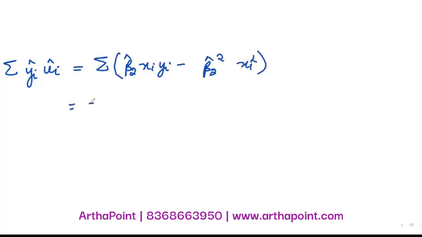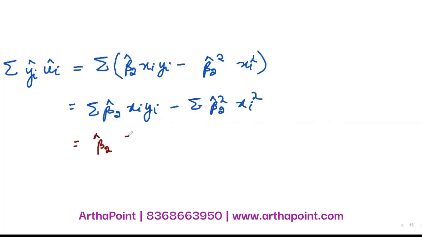Let's open this up. Summation beta 2 hat xi yi minus summation beta 2 hat whole square xi square. Beta 2 hat is a constant, so beta 2 hat square will also be a constant. So I'm going to say beta 2 hat summation xi yi minus beta 2 hat square summation xi square.